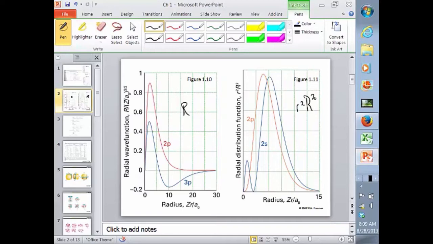But it's really just a constant times the function, so we can think of it in qualitative terms as just the square of the r function, which is related to the probability function that we talked about, the probability of where the electron is. So notice that the 2p orbital in both cases is positive in the whole function, but the 3p orbital down here is negative. Oh, we don't have the 3p orbital. I'm sorry. Well, the 2s.